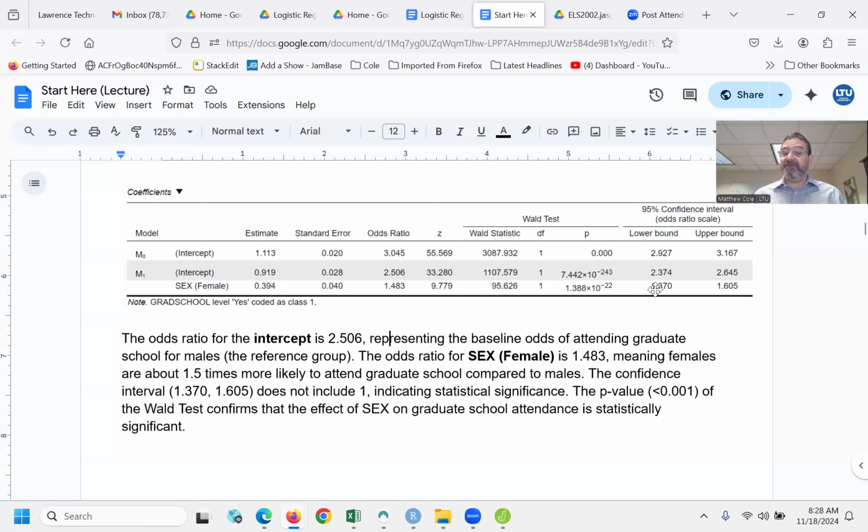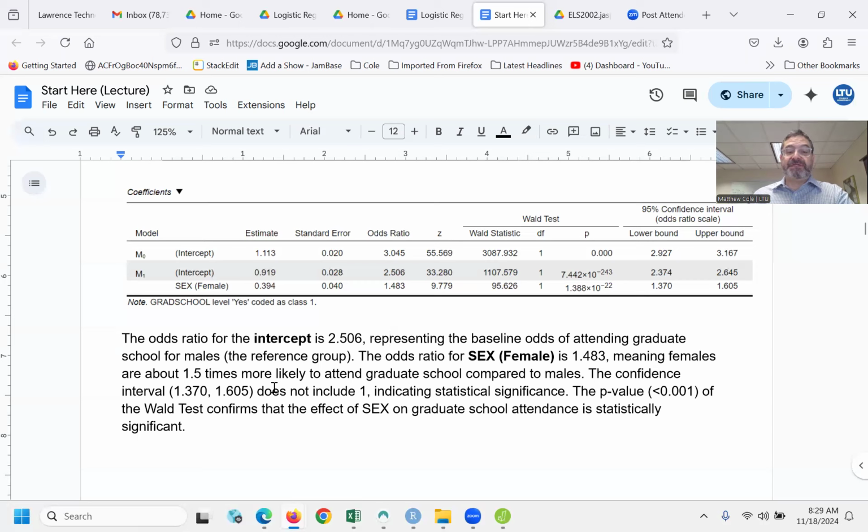And so if your confidence interval has the number 1 in it, then the p-value, which in logistic regression is generated according to a Wald statistic, whereas in linear regression the p-value is generated from the t-distribution or the t-statistic, but we interpret p the same way. If p is less than 0.05, it's a significant effect.